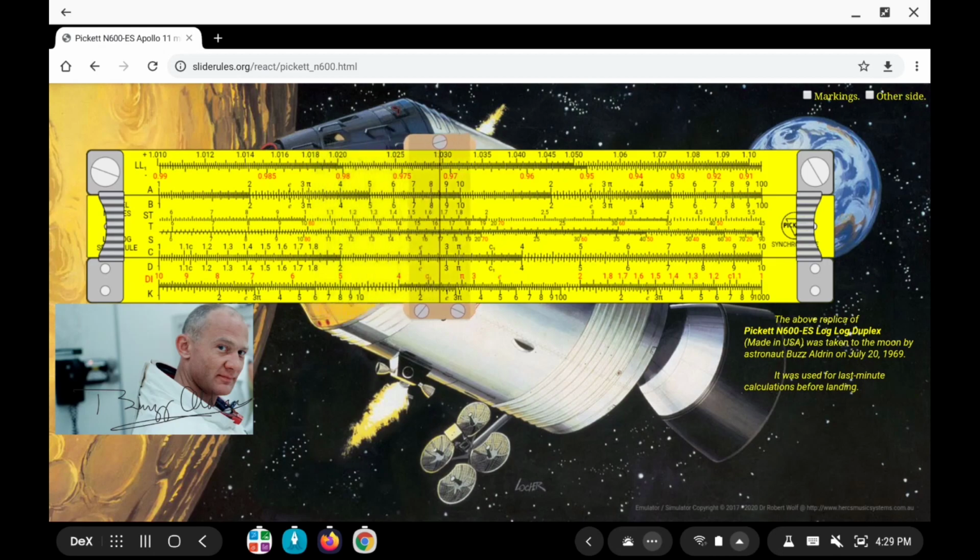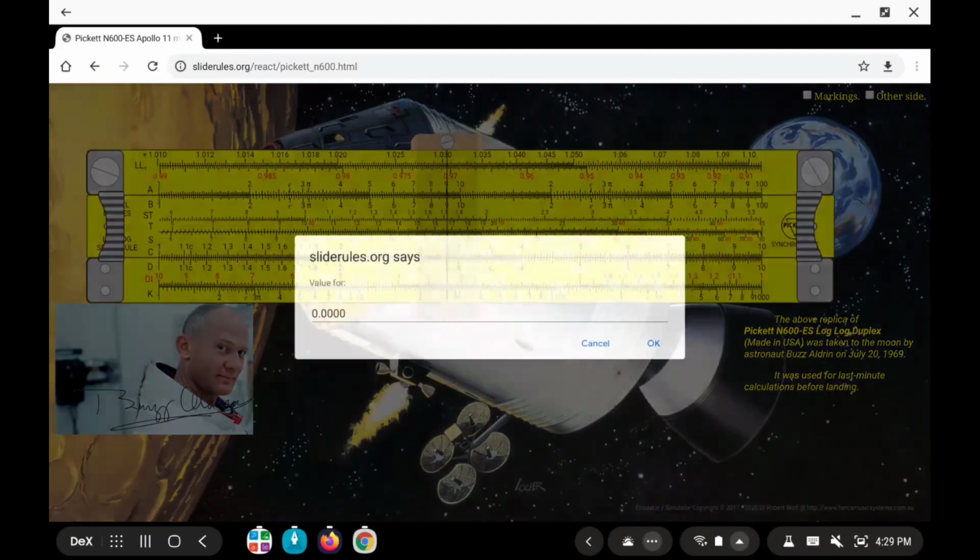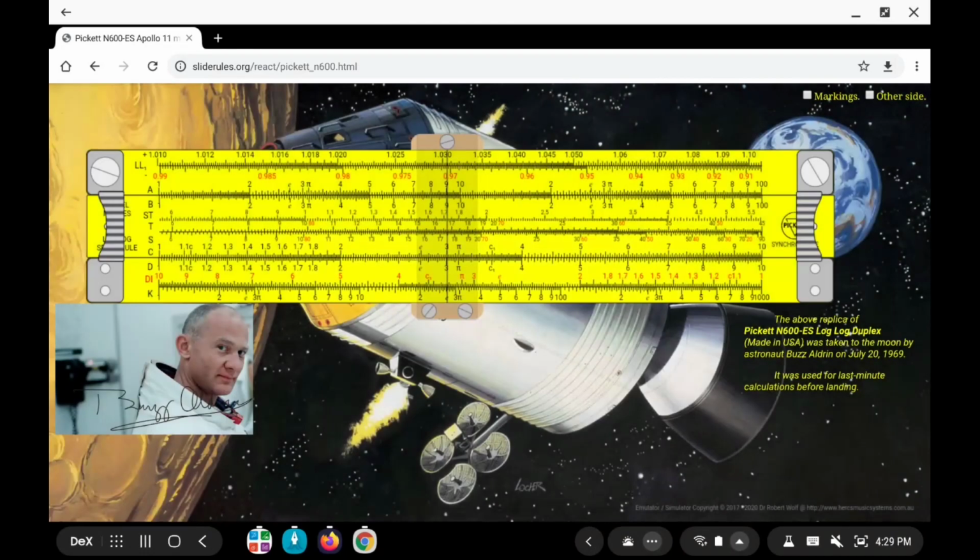If I go to 3 on the C scale, 3 to the power 2 translates to 9 on the B scale. And if I go up to, say, 5 on the C scale, that translates to 25 on the B scale. So because the B scale is basically going twice as fast, it's increasing twice as fast over the same length, it accomplishes power 2.